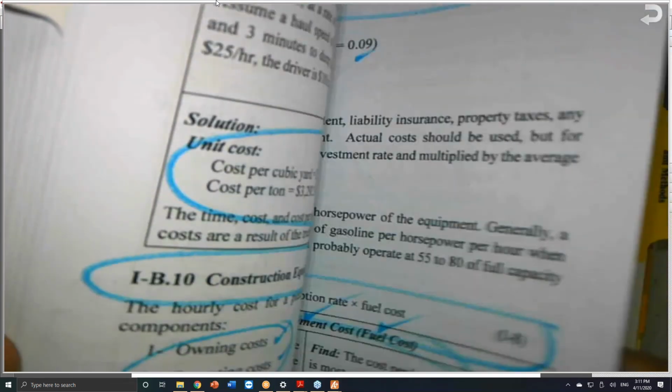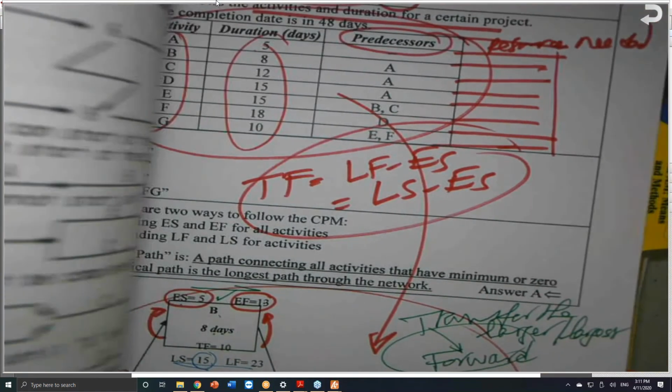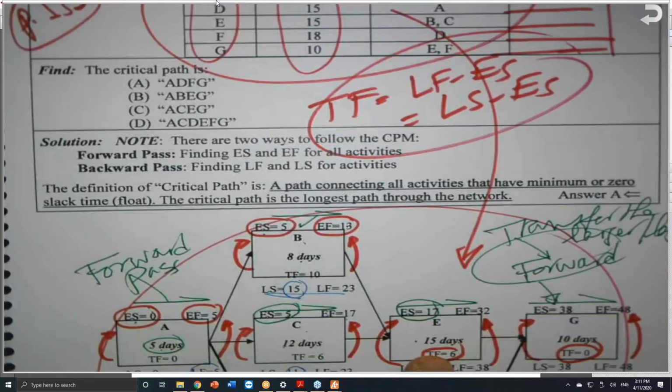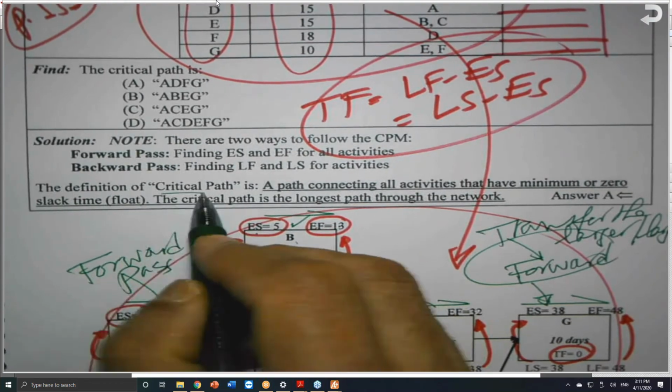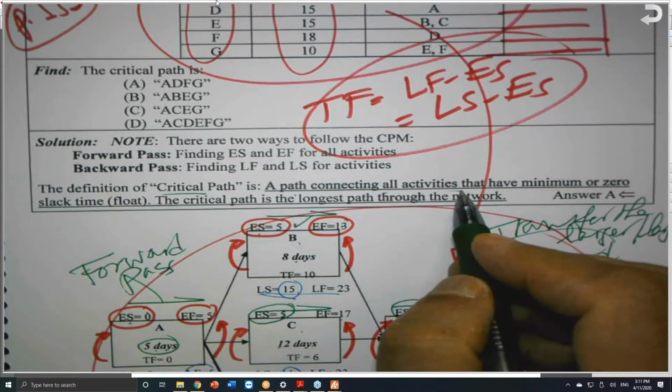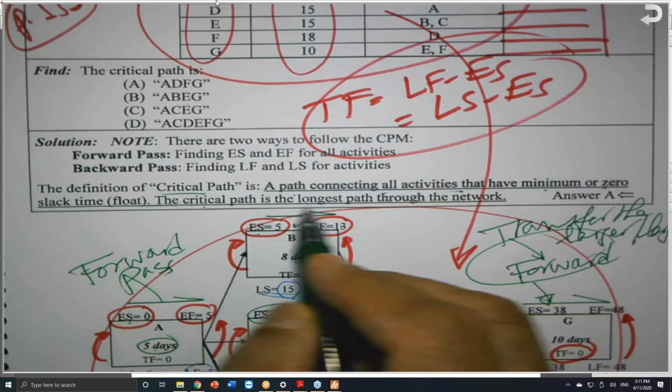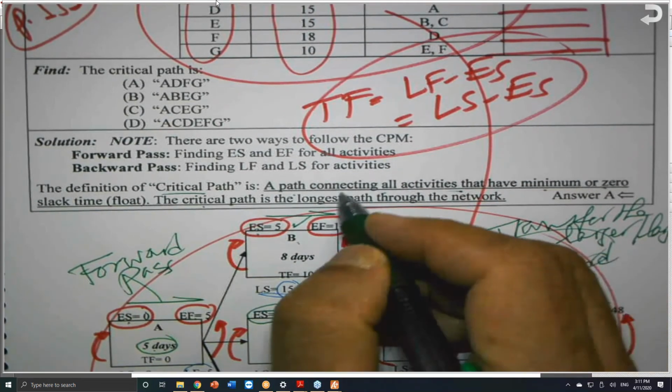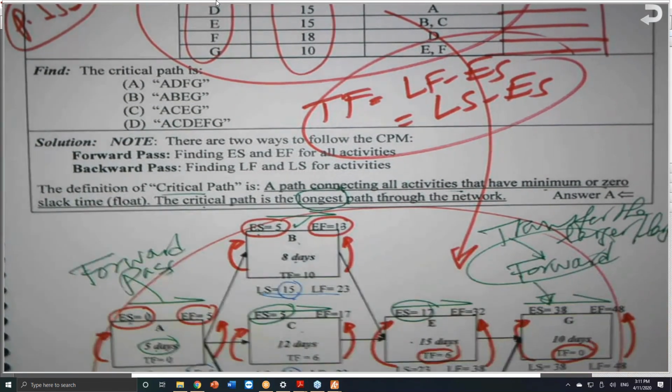Project planning, and the critical path is defined as a path connecting all activities that has minimum or 0 float. The critical path is the longest. So I need you to be aware of that.